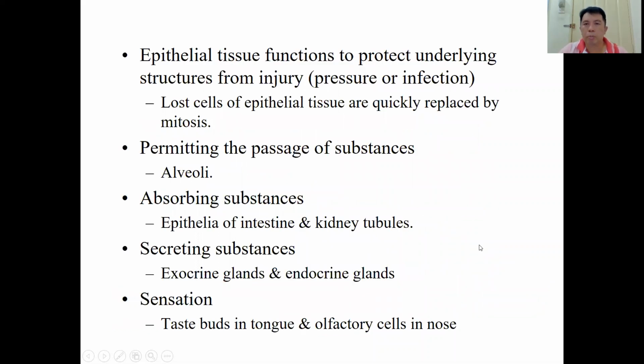Epithelial tissue functions to protect underlying structures from injury, for example in the skin. Lost cells of epithelial tissue are quickly replaced by new cells formed by mitosis.